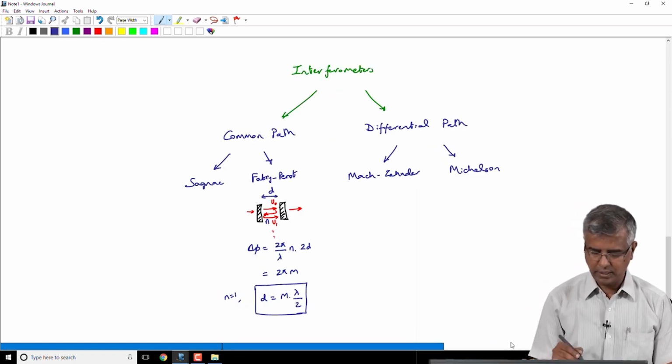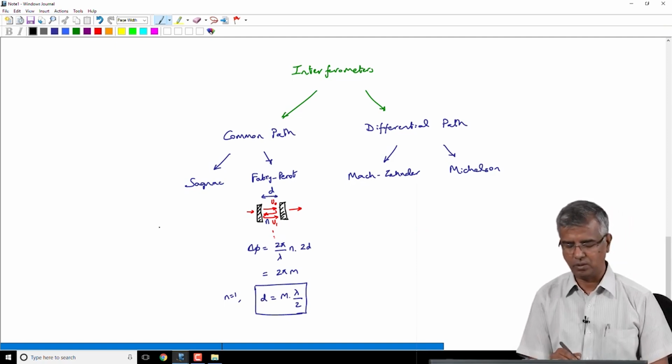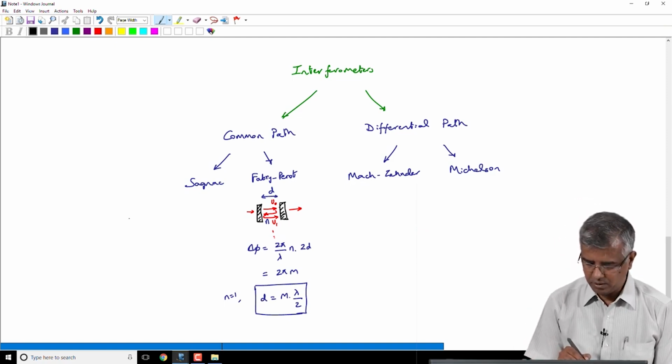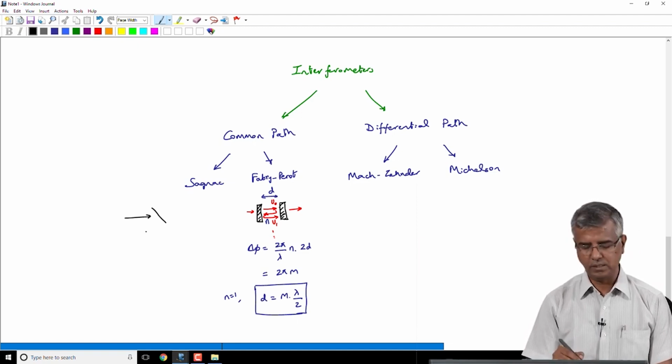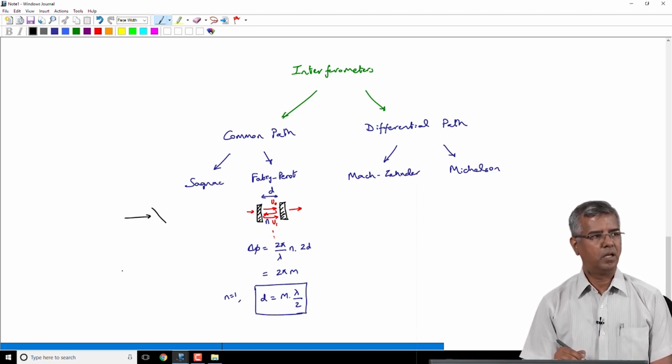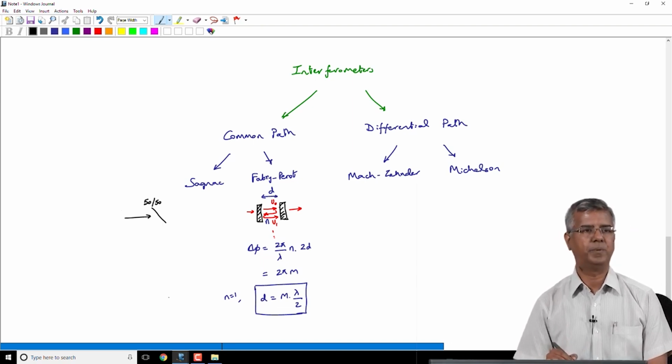Now, let us look at one more configuration, and let us look at what a Sagnac configuration is about. Sagnac configuration essentially consists of a wave that is incident on a partially reflecting mirror. So, this would typically be like a 50-50 split.